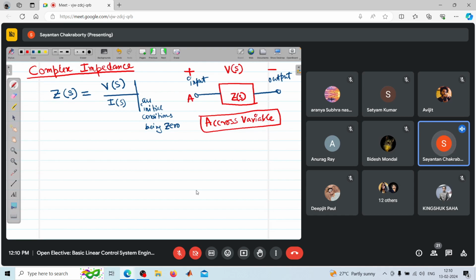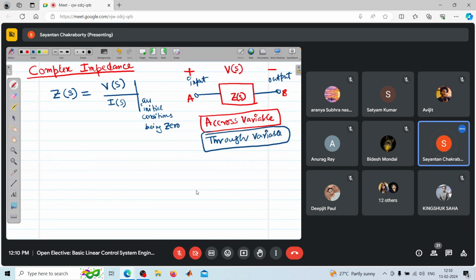Say if A is an input and B is the output terminal. So the across variable appears across the two terminals of a single port or two terminal network. And another variable is called through variable.